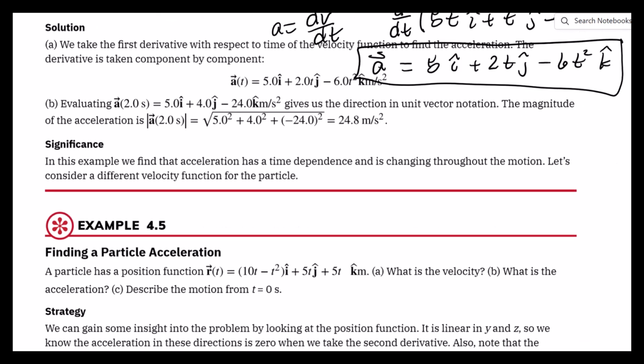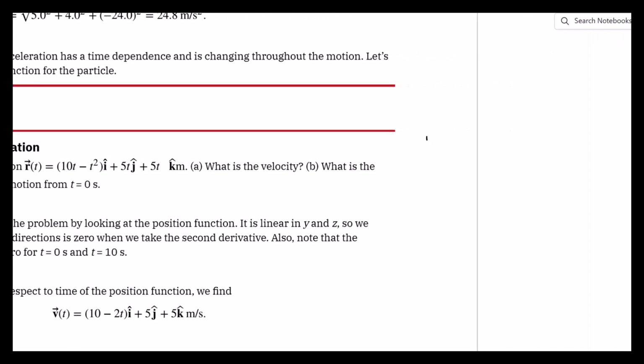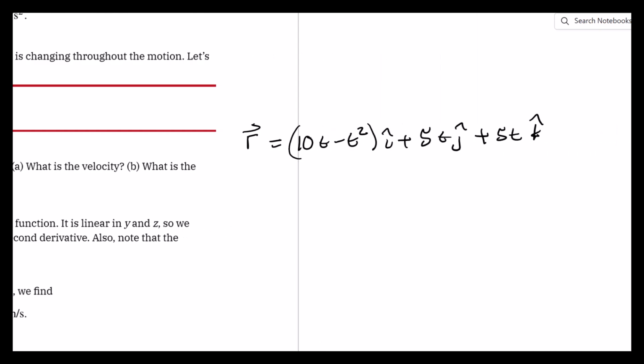Okay, same thing for the position function. If you have the position function r equal to (10t minus t squared) i hat plus 5t j hat plus 5t k hat, then the velocity is the d/dt: (10 minus 2t) i hat plus 5 j hat plus 5 k hat.